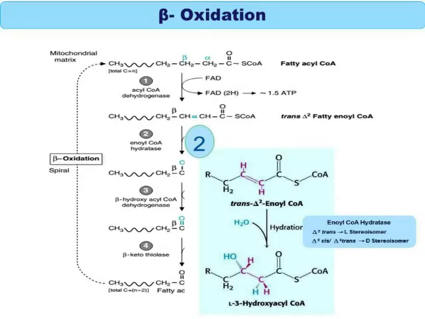Step 2. In the second step, delta-2 trans-enoyl-CoA is hydrated to form 3-hydroxyacyl-CoA by the enzyme enoyl-CoA hydratase. The addition of water across the delta-2 trans double bond is stereospecific and results in the formation of the L stereoisomer of 3-hydroxyacyl-CoA, which is absolutely specific for the second dehydrogenation step.